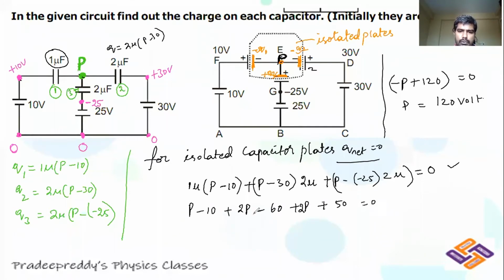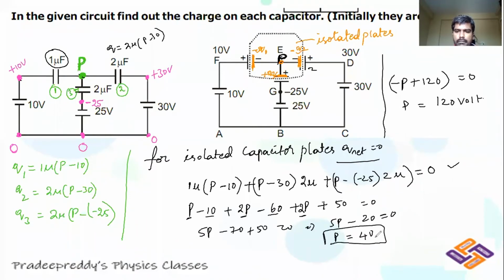Now 2P plus 2P is 4P, plus P is 5P, and minus 10 minus 60 is minus 70, plus 50 is equal to 0. This gives you 5P minus 20 is equal to 0, and this gives you P is equal to 20 by 5, that is 4 volt. So the potential at this point P is 4 volt.